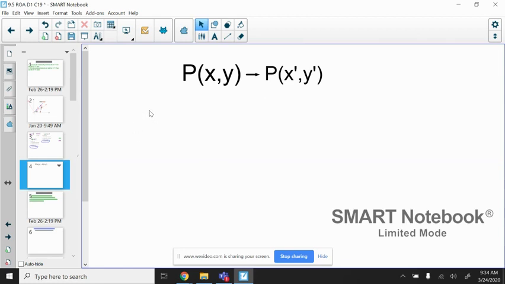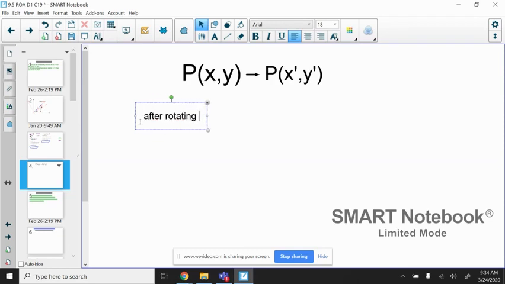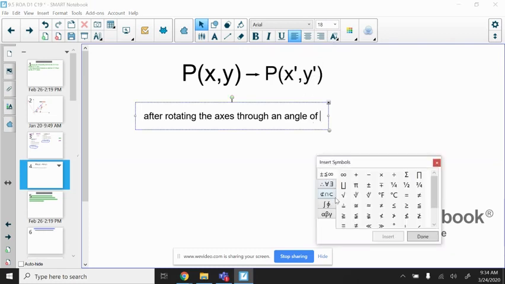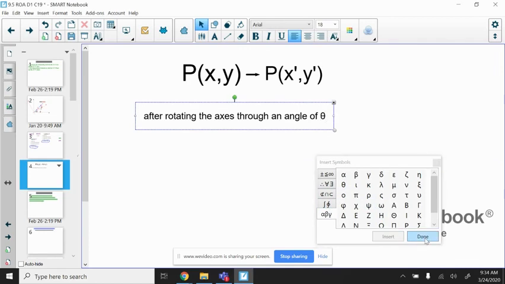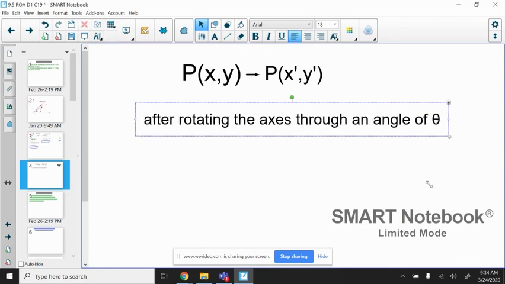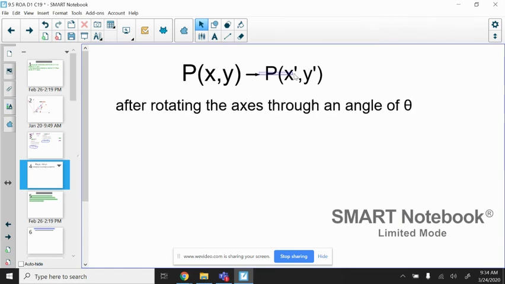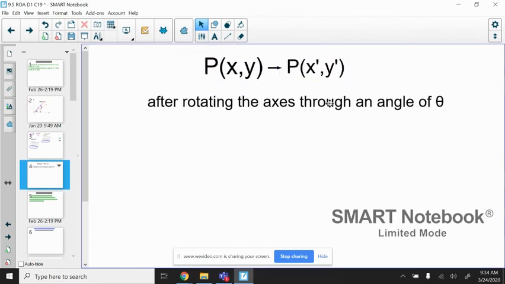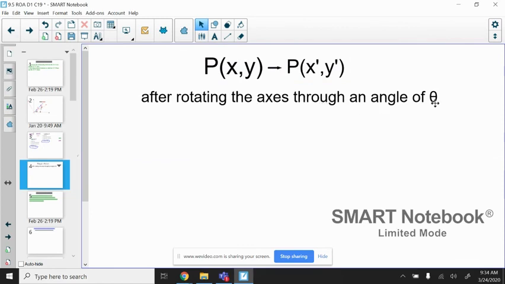Well, I'm doing it by rotating the axes through an angle of what I'm going to call theta. Once again, this can be done by rotating through an angle of theta.